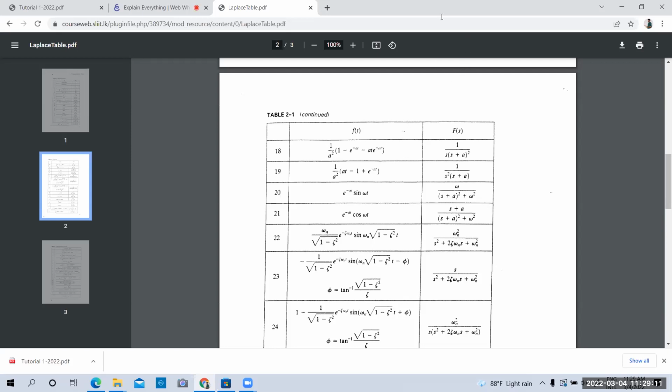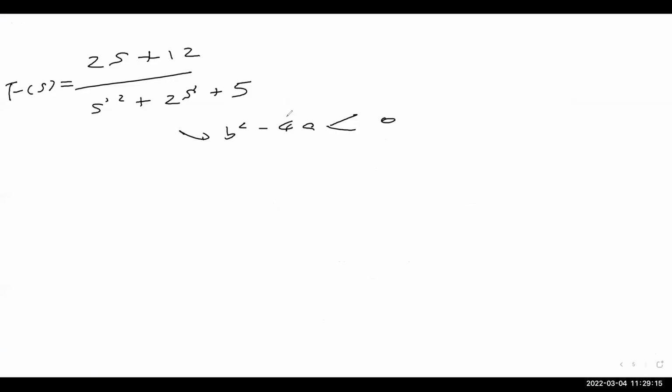So if I go back to this part, the s that we use here, whatever we use in this domain, is equal to sigma plus j omega, right?